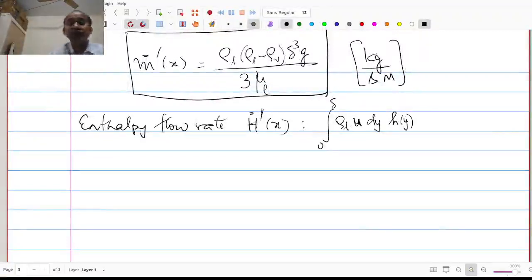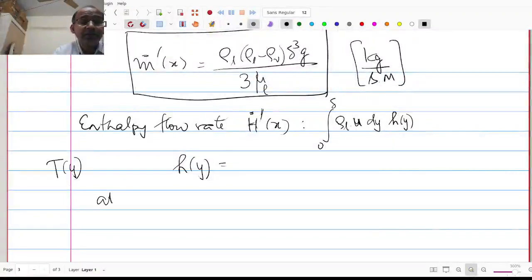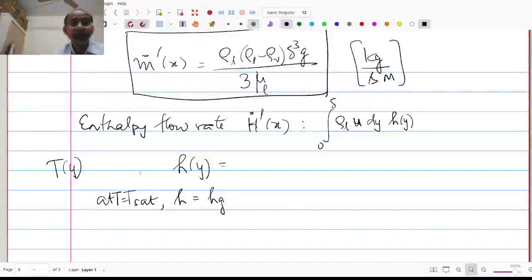Now what is this h at any y? If temperature is T of y, then at T equal to T sat, h is going to be equal to h_f, which is the saturated liquid enthalpy of the liquid.